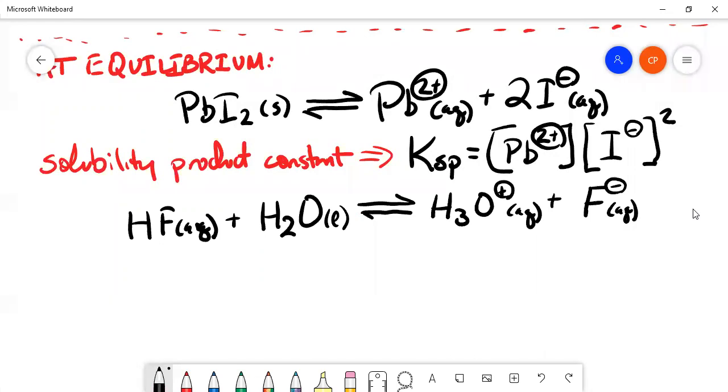So this is a reaction of an acid in aqueous phase with water to form a couple of new ions. And write down an equilibrium constant expression for this.